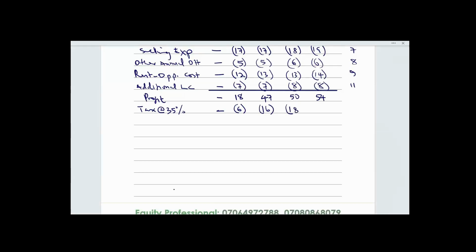And the last one, 19. So the next thing will then be tax saved on capital allowance.